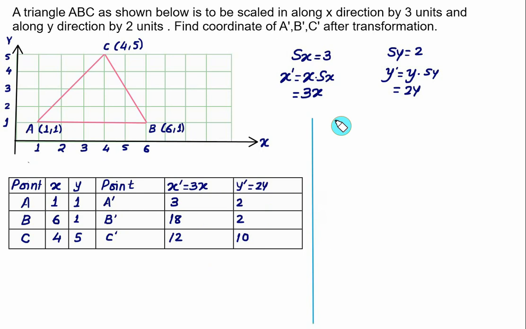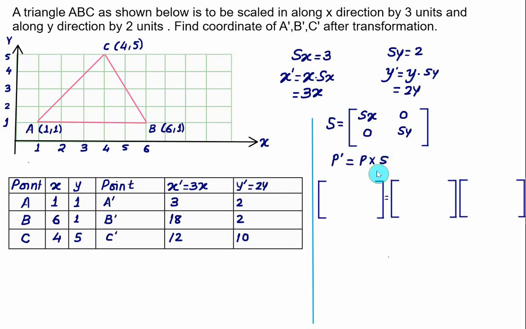The scaling matrix S in two dimensions we can write as Sx, 0, 0 and Sy. So we can calculate P prime using P multiplied by S. So in P prime we need to calculate the coordinates of A prime, B prime, C prime.